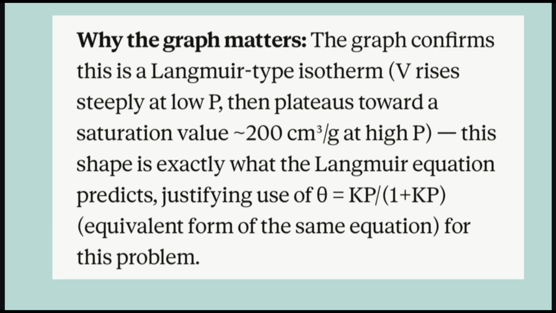That means V rises steeply at low pressure, then plateaus towards a saturation value that is approximately 200 cm3 per gram at high pressure. This shape is exactly what the Langmuir equation predicts, justifying use of theta equal to Kp divided by 1 plus Kp, an equivalent form of the same equation for this problem.